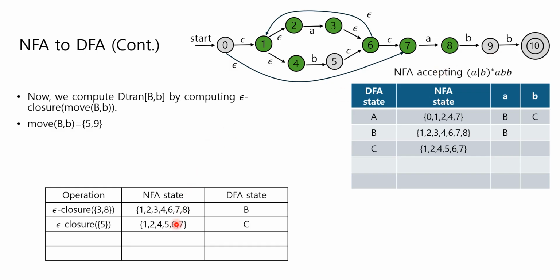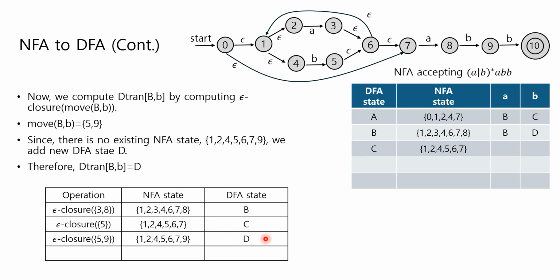So the result set of epsilon closure of 5, 9 is going to be 1, 2, 4, 5, 6, 7, and 9. This new state is not in the Dtran, so we add it and name it DFA state D. So Dtran[B, b] is D.